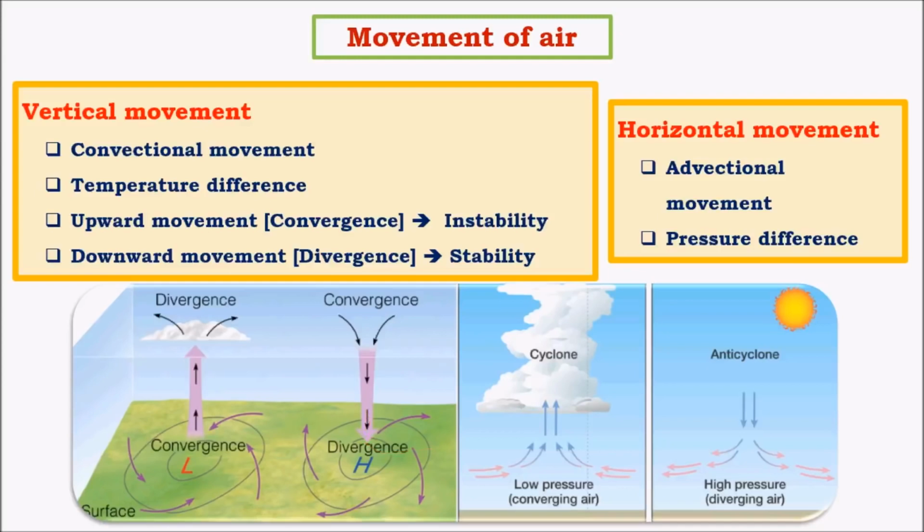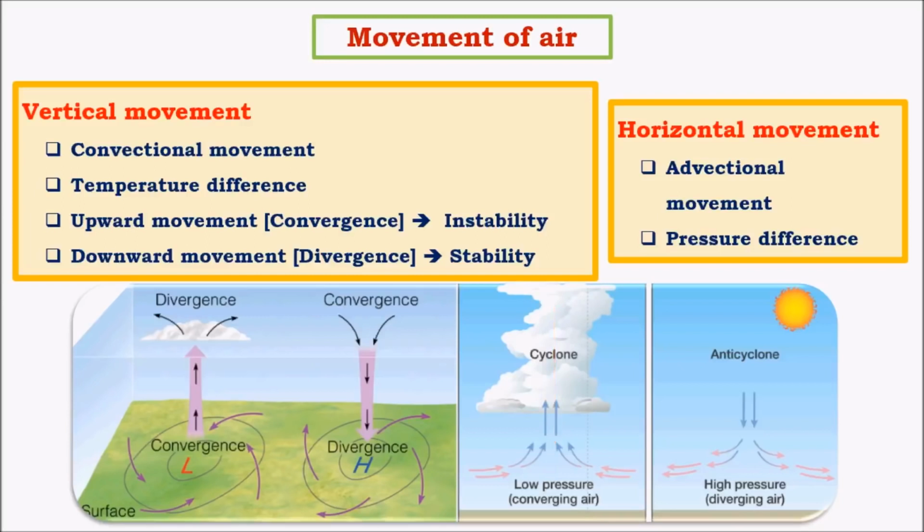So the upliftment process is associated with cyclonic conditions. Cyclonic conditions are nothing but cloud formation, that is cumulonimbus cloud formation and subsequent rains. When there is moisture in the air and this air is moving upwards, there is condensation of water droplets which give rise to clouds, and when condensation becomes severe, it falls to the ground in the form of rain.